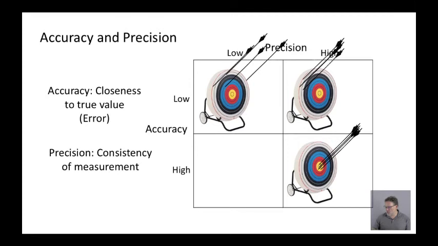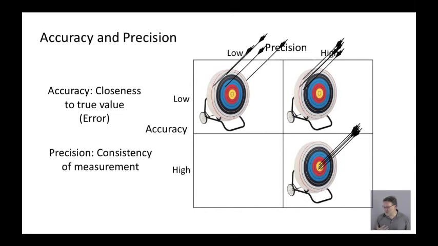In the same way, you can see in the upper left-hand corner an instance in which not only is the archer less consistent with those arrows being spread around, that's less precision, but he's also consistently above the center of the target, so he has low accuracy as well. So above the target, low accuracy, spread all around, low precision.